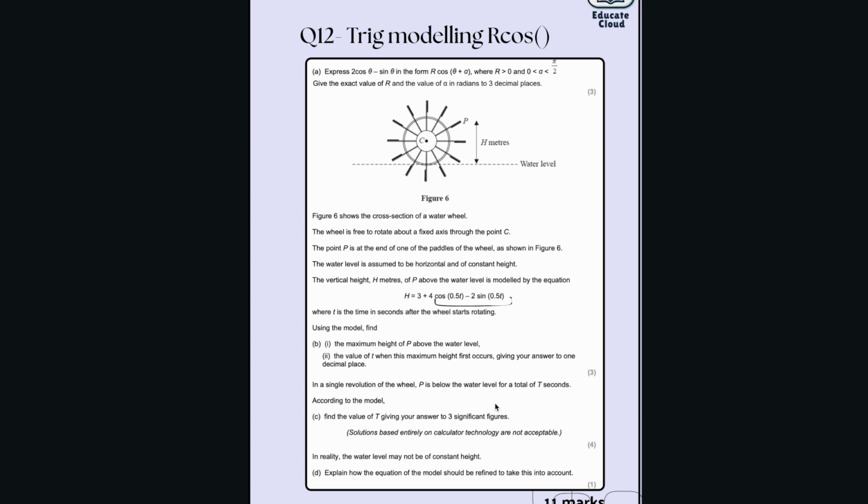So our two values for t here are going to be 3.684 and 7.026, and then we can find the difference between them. Then for the value of capital T, it's going to be the difference between them, which is 3.34.